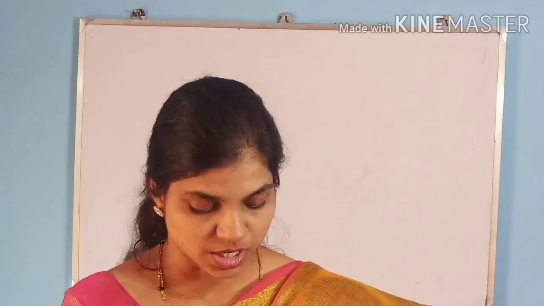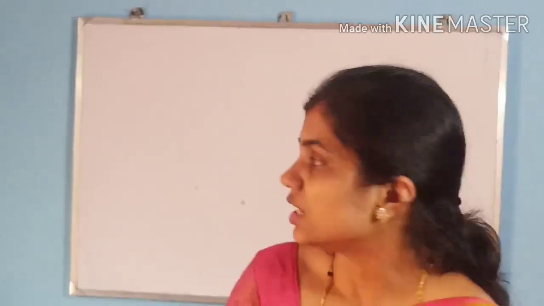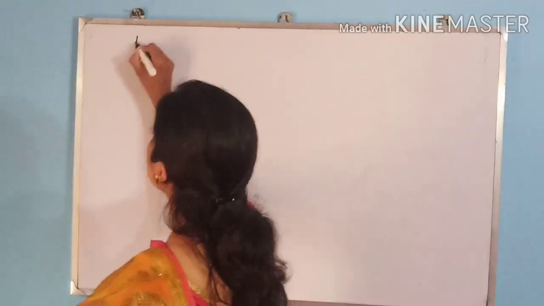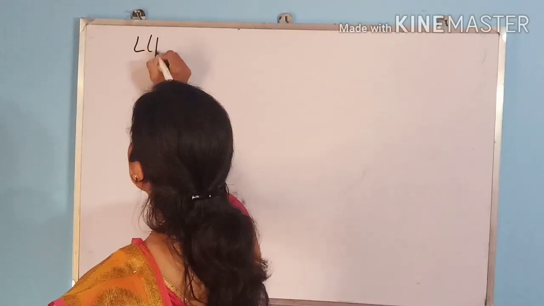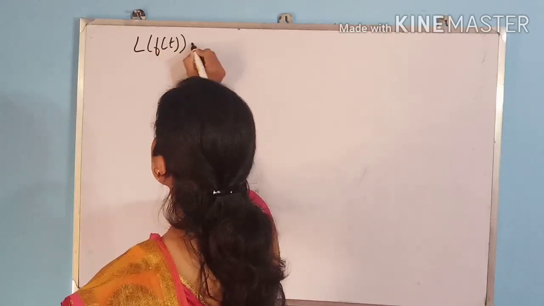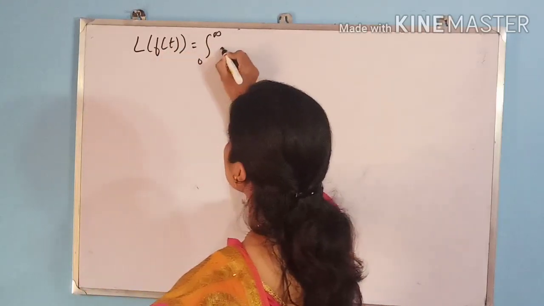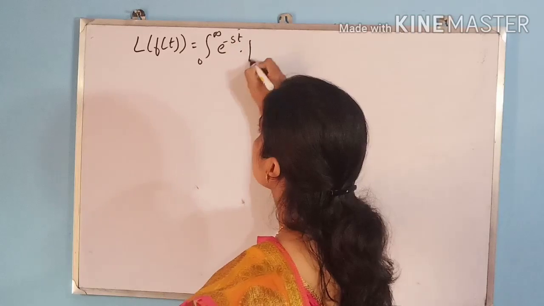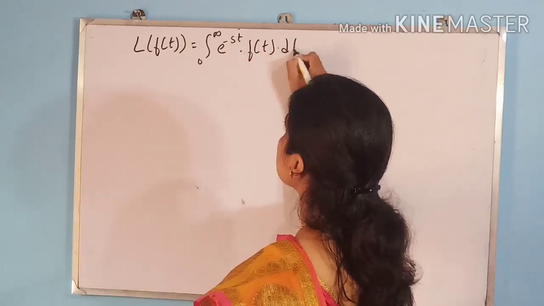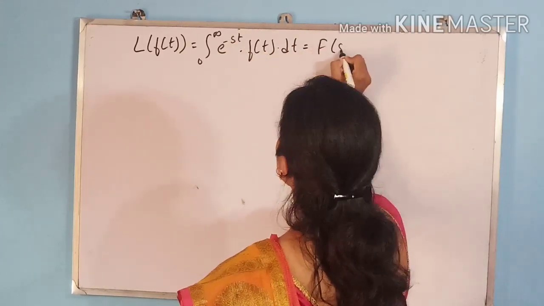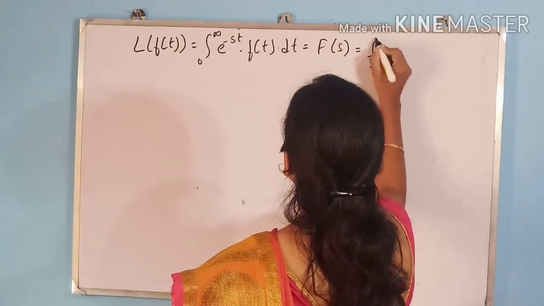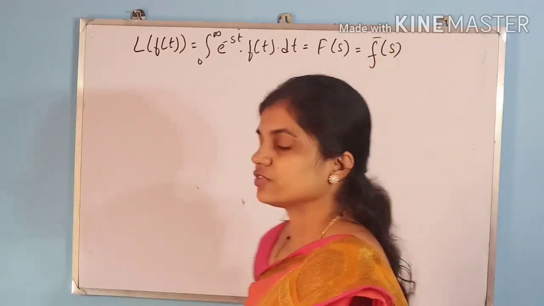Alright, since I have already defined in my first video what the inverse Laplace transform is: when I defined the Laplace transform, we said that the Laplace transform of f of t is equal to the integral from 0 to infinity of e raised to minus st f of t dt, which we also denote as F of s, or F bar of s.